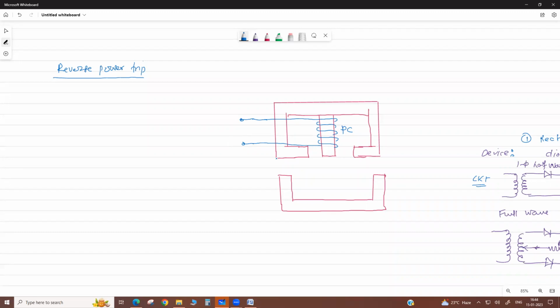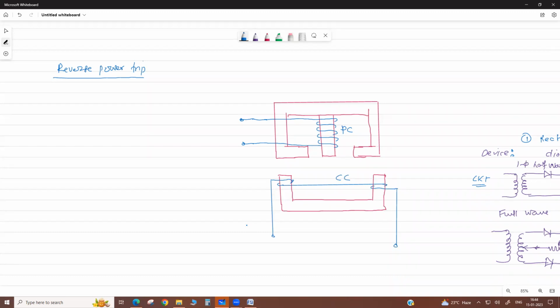And here there are fewer turns, like this only, a single turn. This is another set of terminals. This is the current coil.